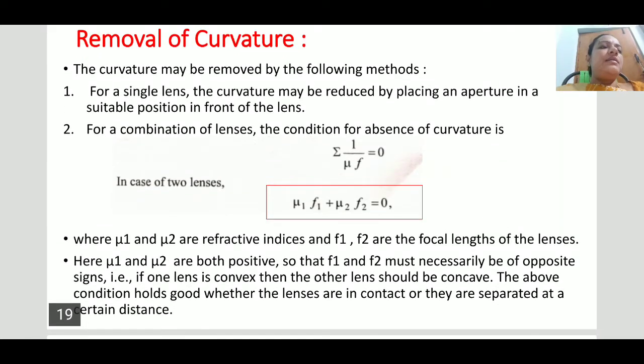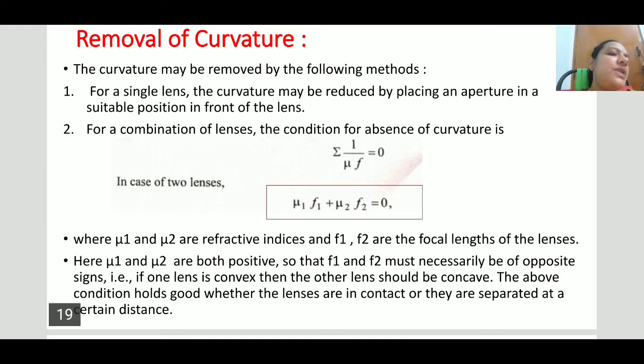Next, let us understand the removal of curvature. The first step, for a single lens, is that the curvature may be reduced by placing an aperture in a suitable position in front of the lens. This is well known. Another method, for a combination of lenses, is that the condition for no curvature is the sum of 1 by mu f equals 0.